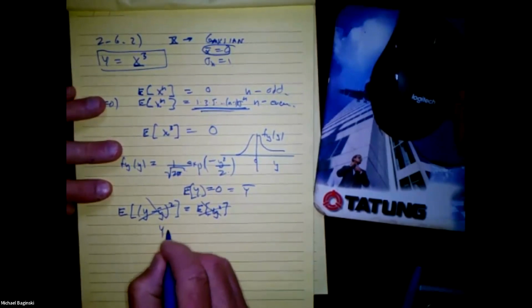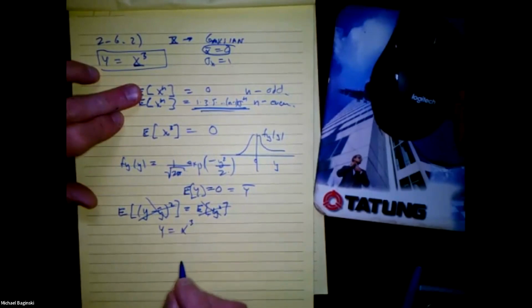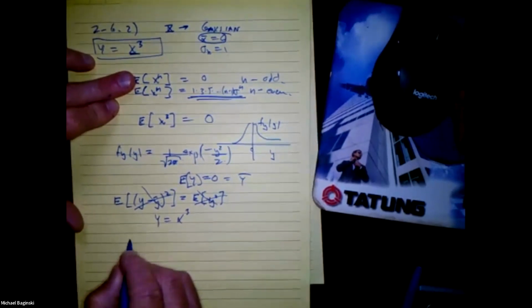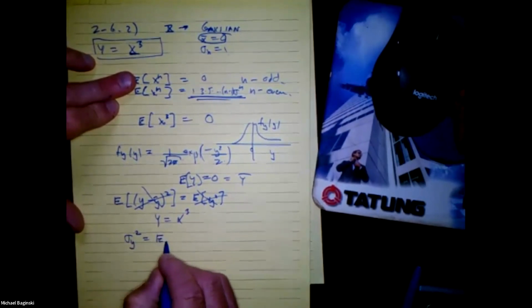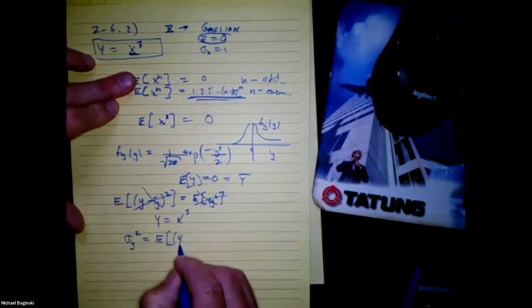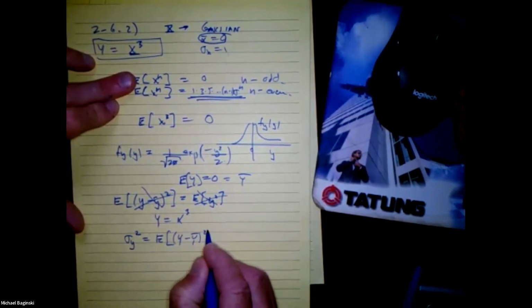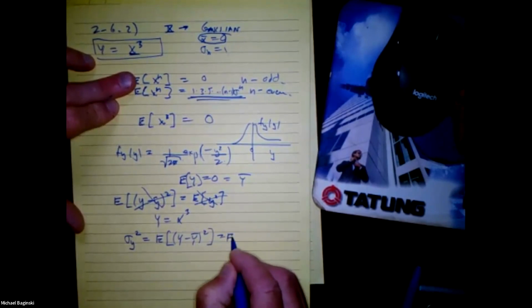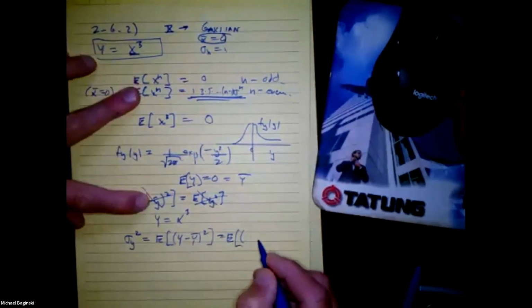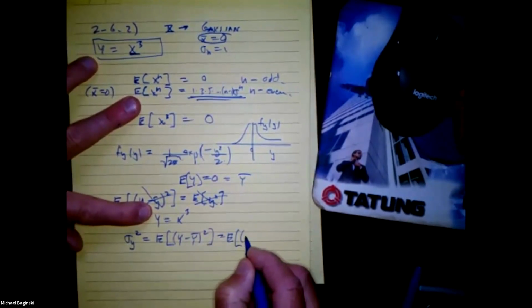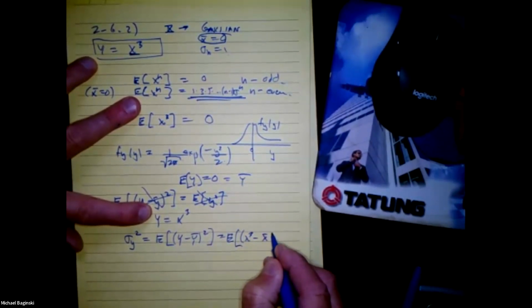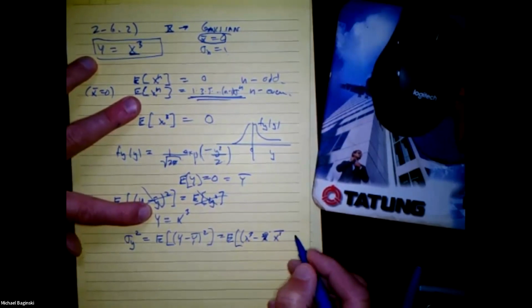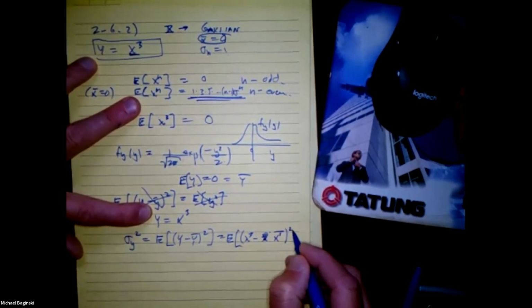Since y is equal to x cubed, the variance of y, sigma of y squared, would be the expected value of y minus y bar squared, which is the expected value of x cubed minus x cubed bar, squared.